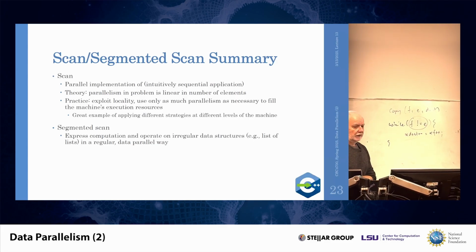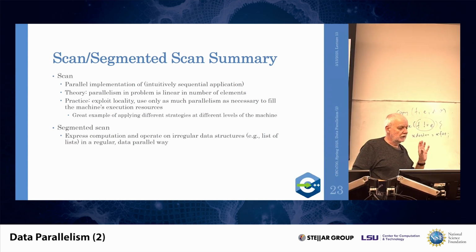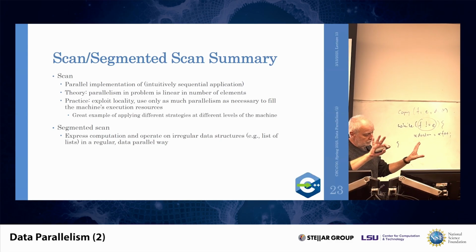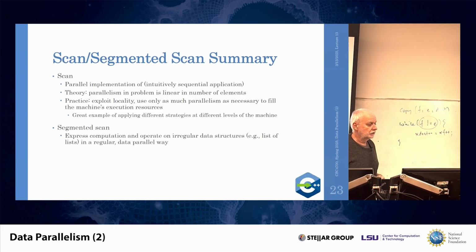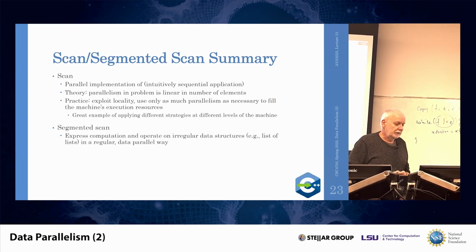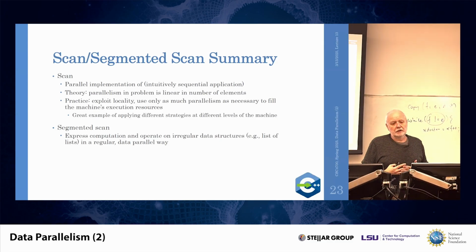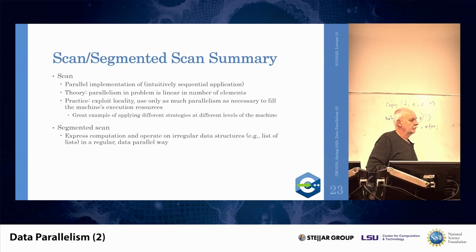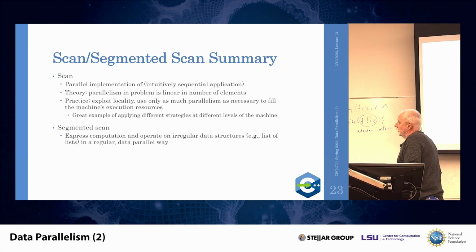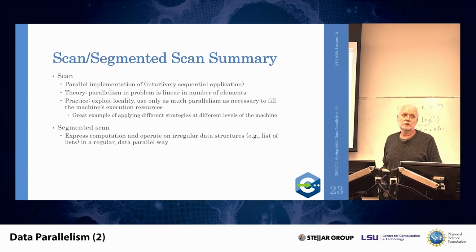But we have also seen that by creating hierarchies of these scan operations internally, we can utilize hardware capabilities in better ways by just deciding how many compute resources we want to actually use for our algorithm. The segmented scan, one of the most powerful building blocks we have seen, allows us to operate on irregular data structures, lists of lists, in a regular data parallel way, which is very powerful. Okay, so much for the list of algorithms I wanted to introduce you to. So let's start with a couple of examples.